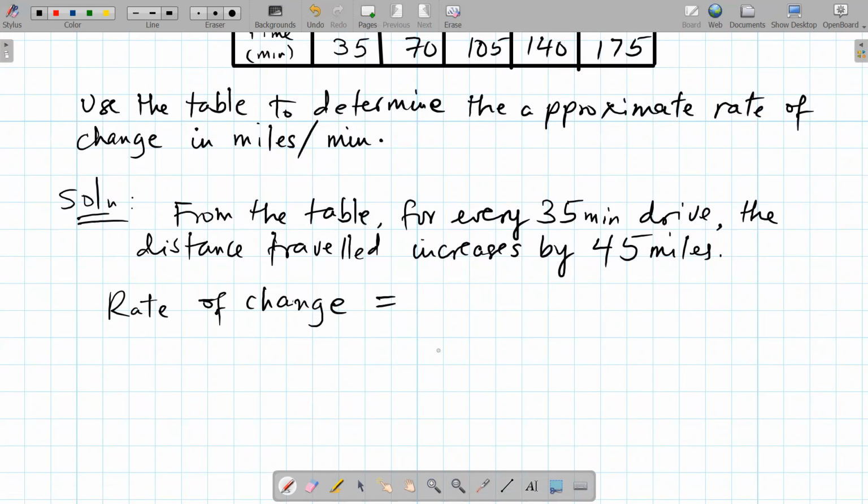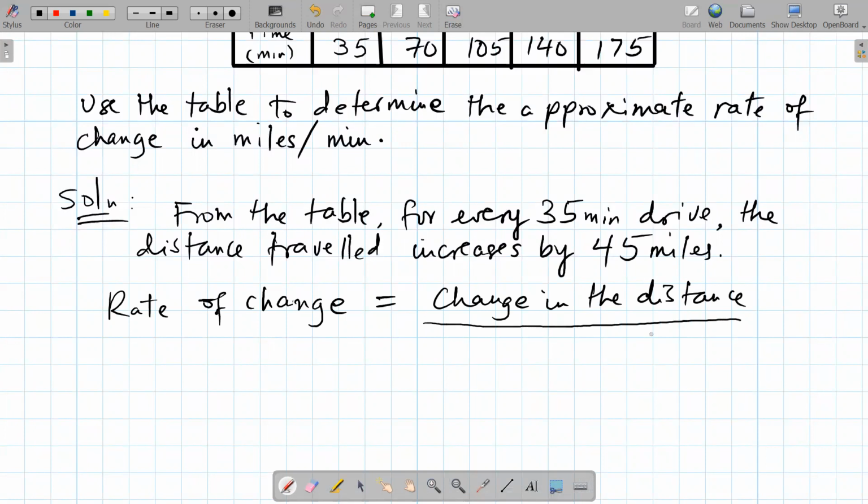So miles is in terms of distance. So the change in the distance traveled divided by the change in time.